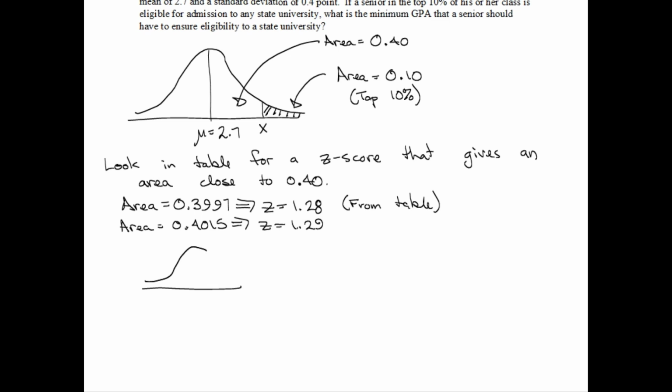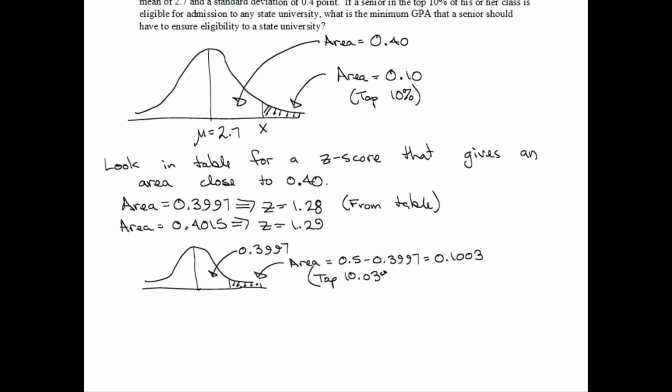One of them, let's draw a picture. Here, remember the shaded area is what we want. If this is 0.3997, then here my area is equal to 0.5 minus 0.3997, which is 0.1003, which really puts me in the top 10.03%.